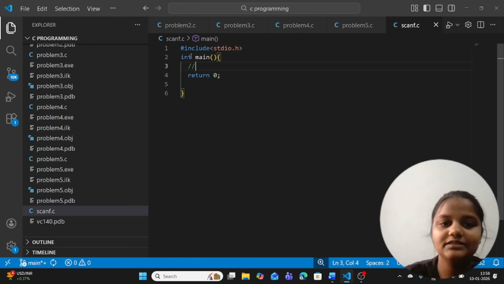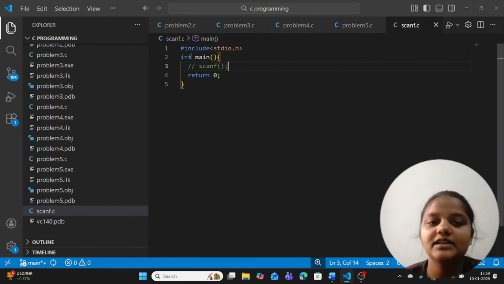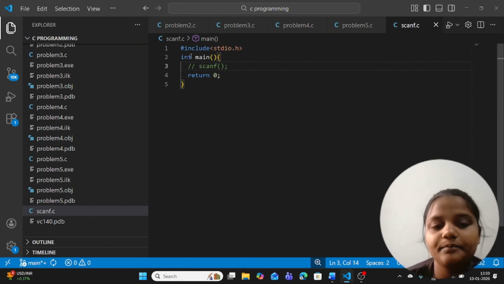So what is basically scanf? Scanf is a function to get the input from the user. Basically we want to take user input, right? So we are using scanf.